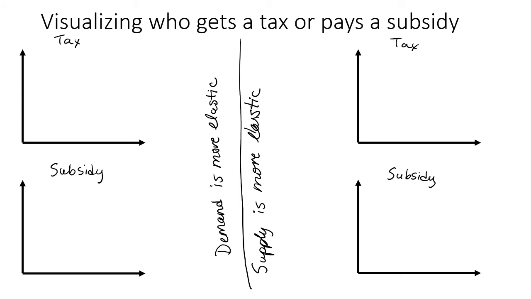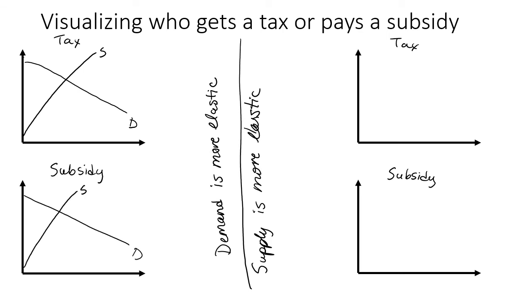Just to keep everything consistent, I'm going to put all of these on demanders. So the demand curve is the one we're going to shift. So if demand is the more elastic one, that means we need a flat demand curve and a steep supply curve. And here, a flat demand curve and a steep supply curve.